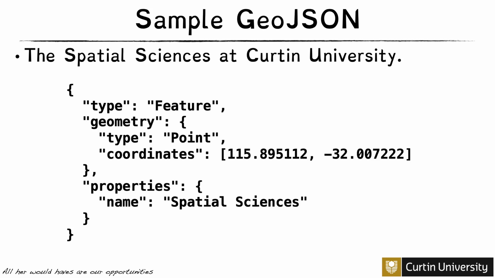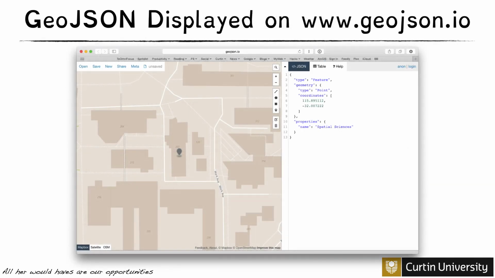When we take that little bit of GeoJSON code and pop it in this GeoJSON visualizer, there we have a visualization of that code. You can see the icon there in the middle, that's the locator, and that's where we are. It's actually the Spatial Sciences building on the Curtin University campus.